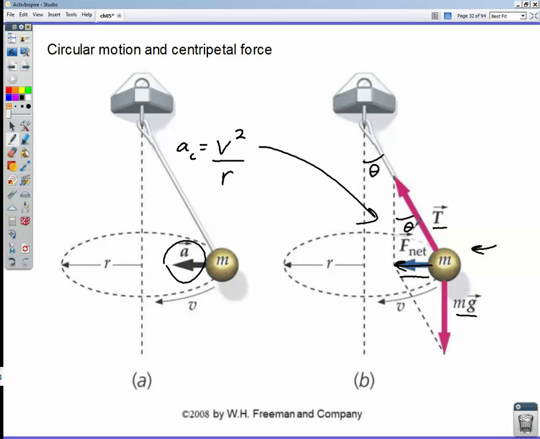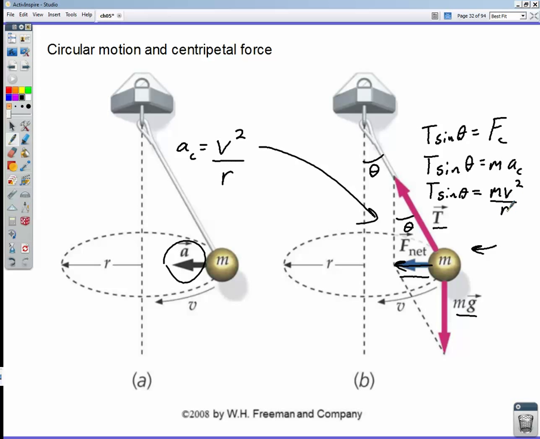So if we took tension times the sine of theta, then that's going to give our centripetal force. And our centripetal force is going to equal our mass times centripetal acceleration. And here, T sine theta is equal to mv squared over r.